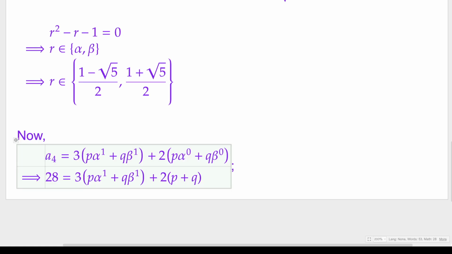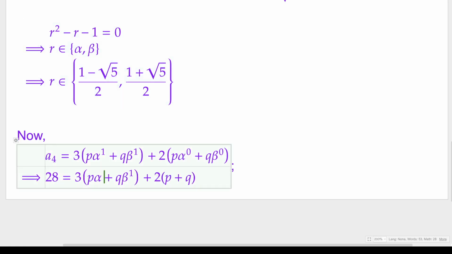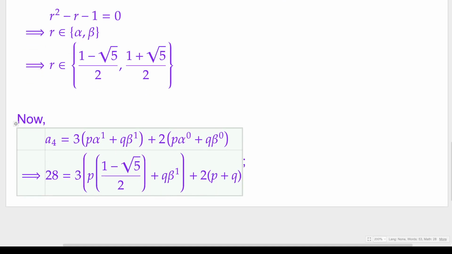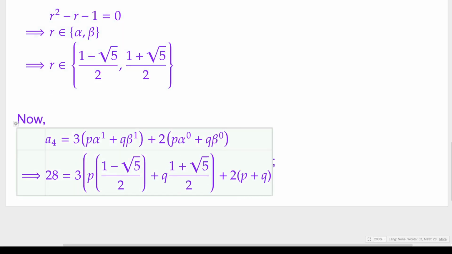terms, right? And alpha can be replaced considering that alpha is this particular value, that is 1 minus square root of 5 over 2, and 1 plus square root of 5 over 2, that is beta. So instead of beta I will make this particular replacement.